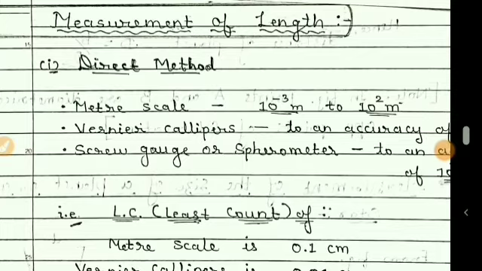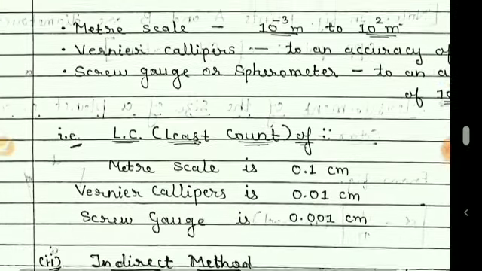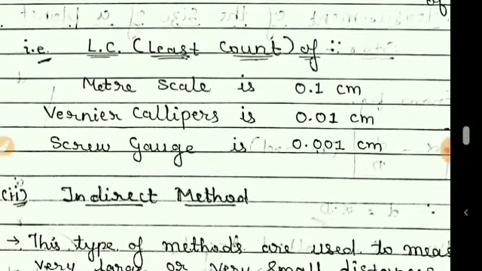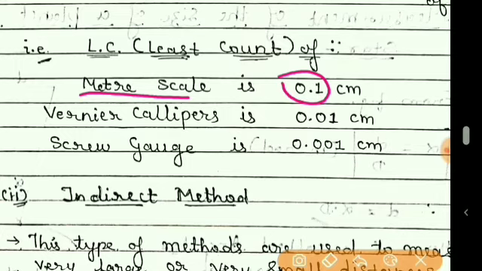Now students, in that previous topic of measurement of length, we have seen different instrument with which we can measure the lengths. We have seen that with the help of meter scale we can measure up to 0.1 centimeter precisely.